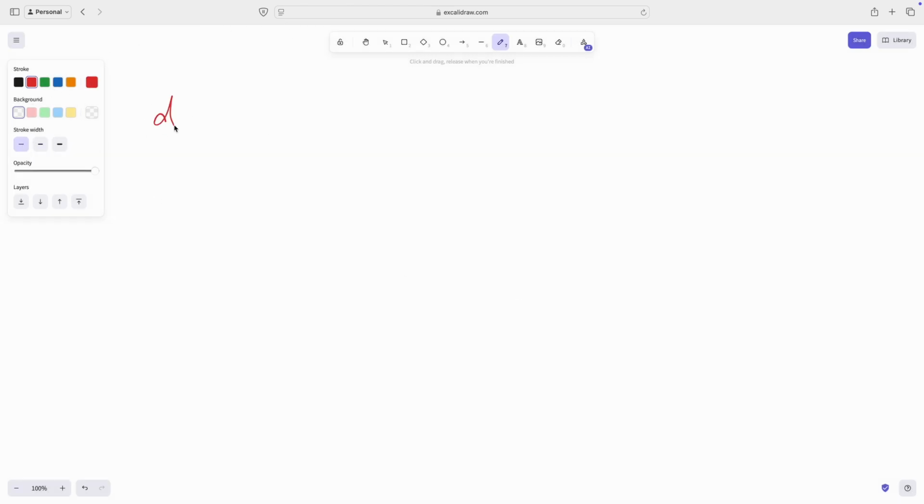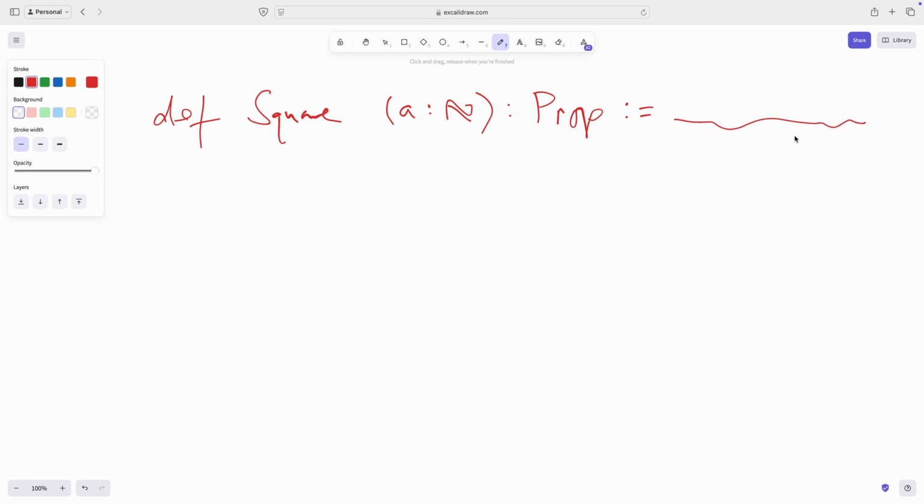So we probably have def and then a name, which we'll call square. We want a parameter to be passed to it, otherwise we don't know which number we're talking about. Let's call it a, which is going to be a natural number. And what we're returning is not a number, not the nth square, but a Prop, just like we've done before, a proposition. And then I'll leave you to fill that in. I won't do it all for you.